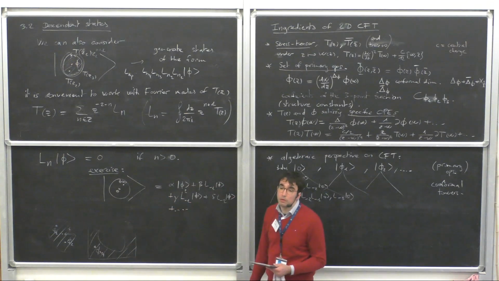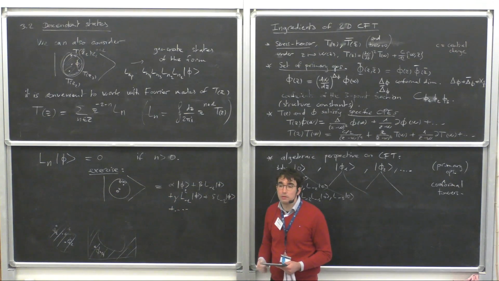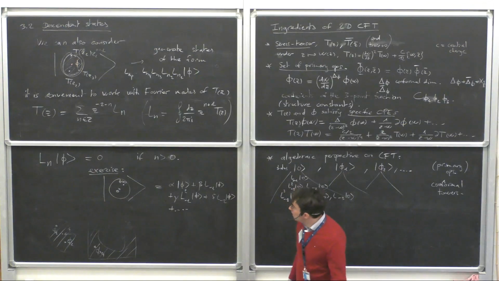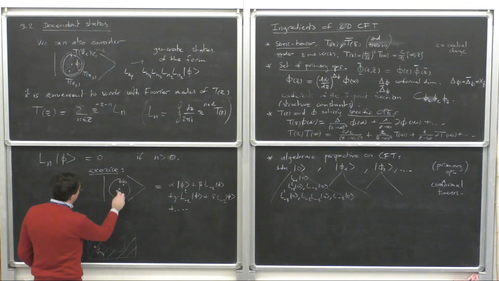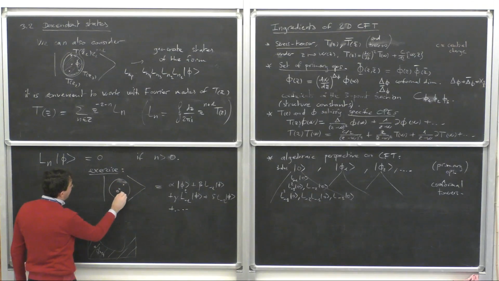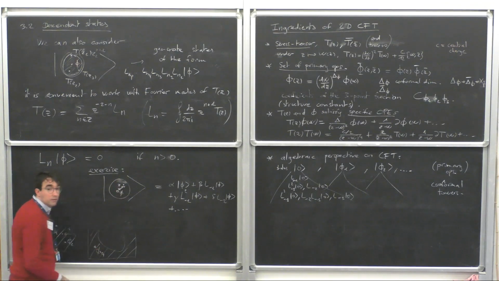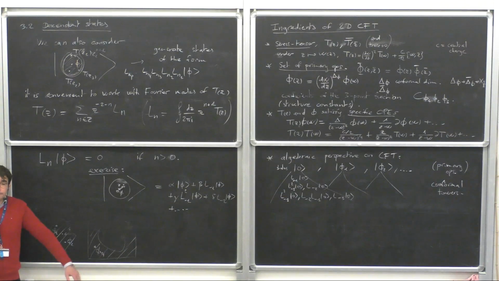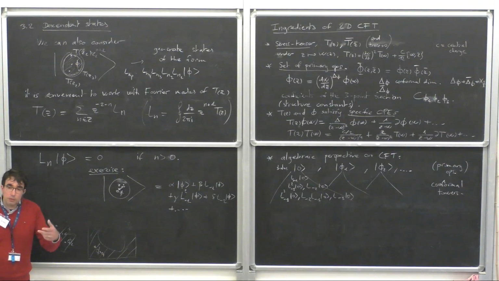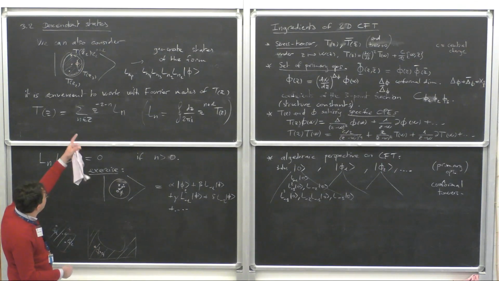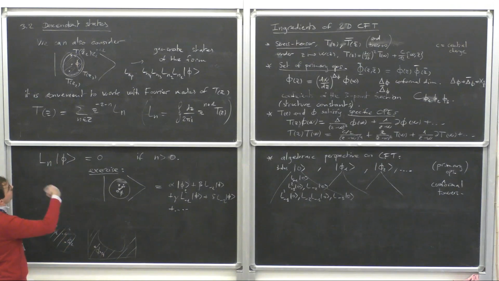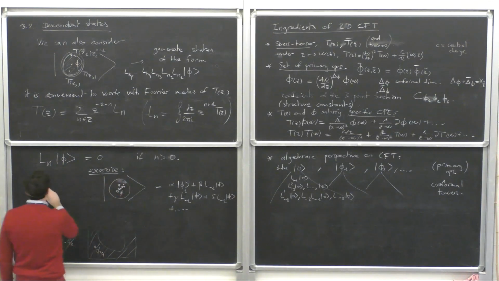This you can do. Do you see how to do it? No? Well, what is this state? This state is the same as taking phi at the origin and translating it by the vector z. So you have to think about how to write a translation in that language. It turns out the translation operator is L minus 1.